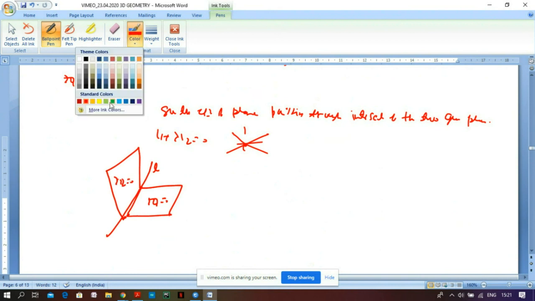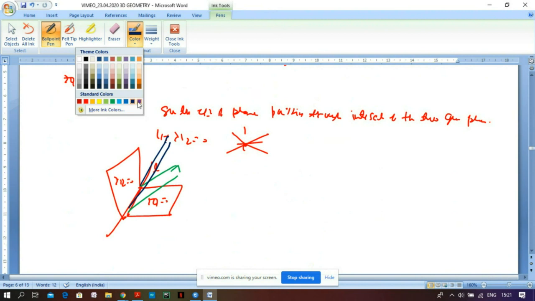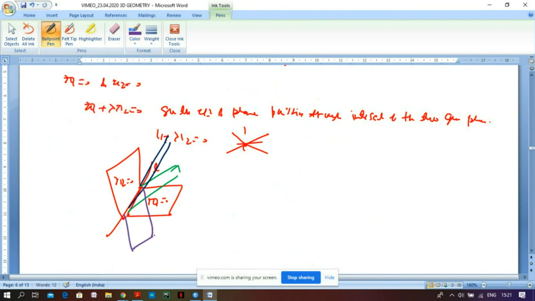All such planes which contain this line, like this plane, or this plane, or say this plane, all such planes which pass through the line of intersection of the two given planes, are given quite easily by pi1 + lambda pi2 = 0. Try to make effective use of this in many problems. It will be really interesting.